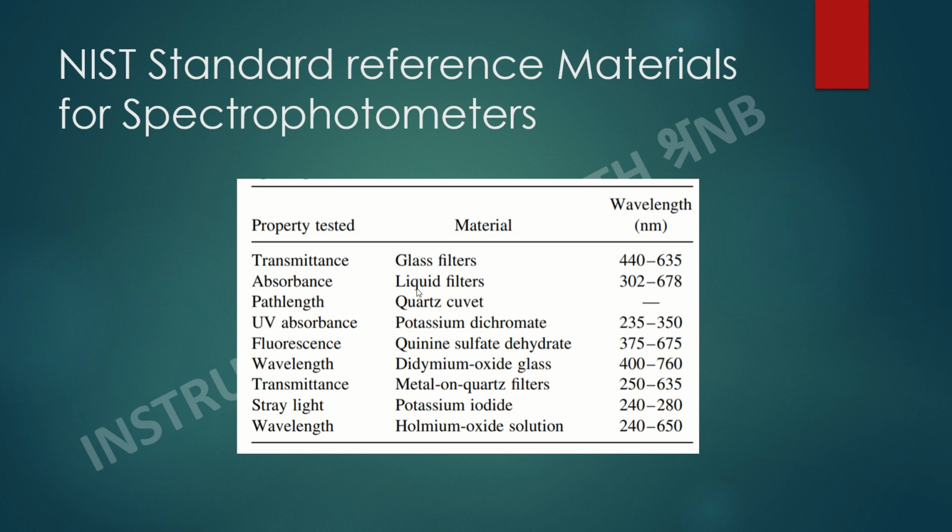For absorbance, liquid filters are used that provide wavelengths in the region of 302 to 678. For path length, a quartz cuvette is used that does not absorb any light. For UV absorbance, potassium dichromate is used that lies within the wavelength region of 235 to 350 and so on.